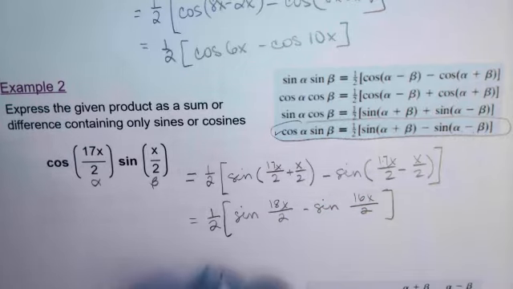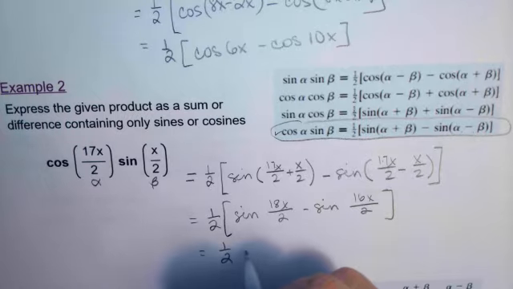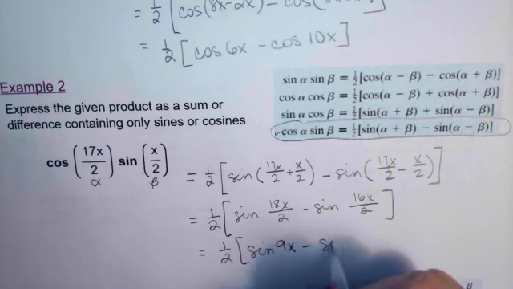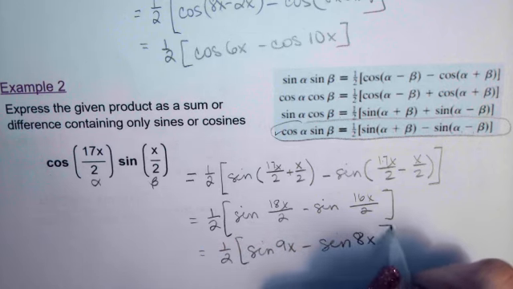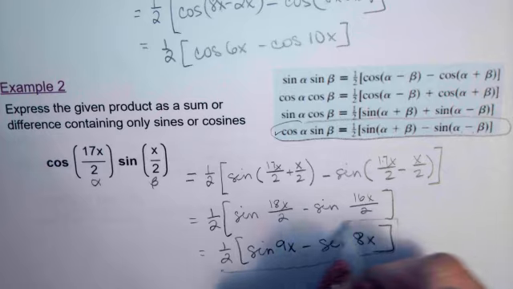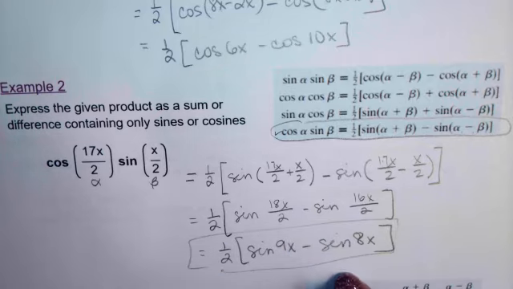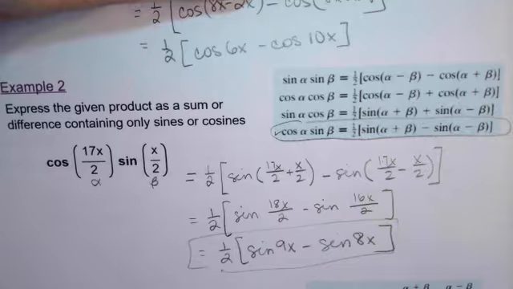Now we need to clean this up, and we've got 1/2 sine of 9x minus sine of 8x. And this is the answer. There is nothing else you can do. We cannot combine those. We don't know what those are. These do not have a commutative property like we do with just the integers, okay?